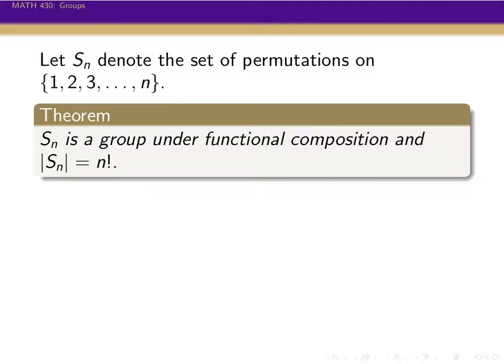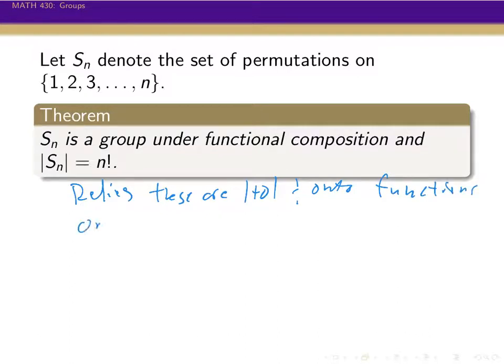So we have, it is closed, as we've seen, because these are 1 to 1 and onto functions on our set to itself.